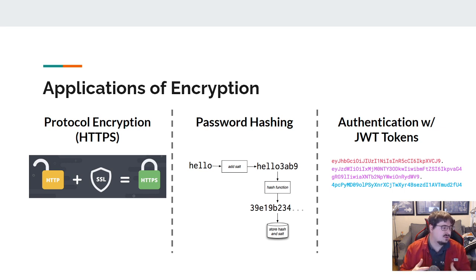The problem is if I store the original password in the database, anybody who has access to that database can figure out what that password is, right? They can just read it. And I don't want to do that. I don't even want to trust my own developers, my own employees to see my customers' passwords, right?